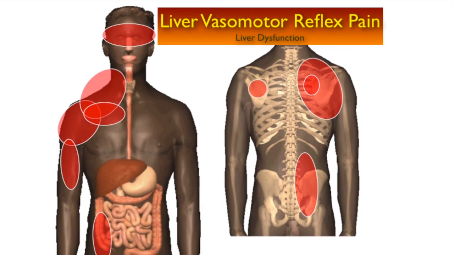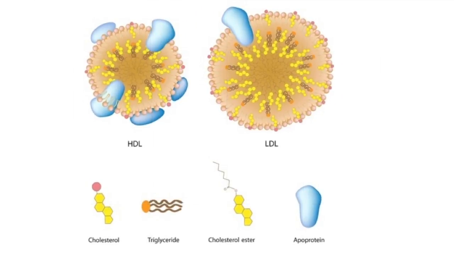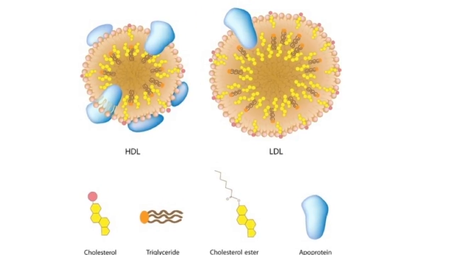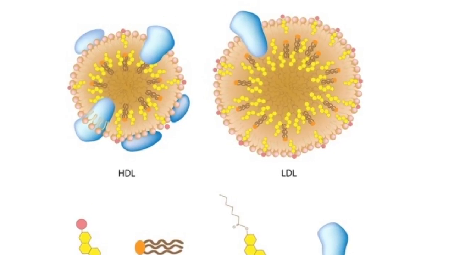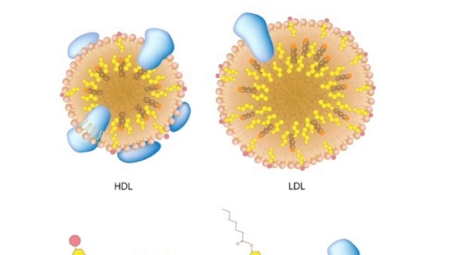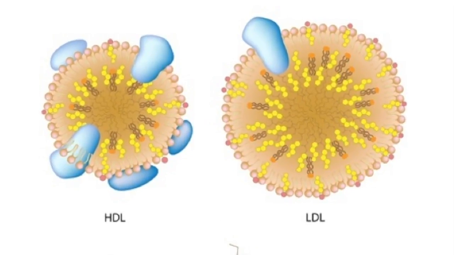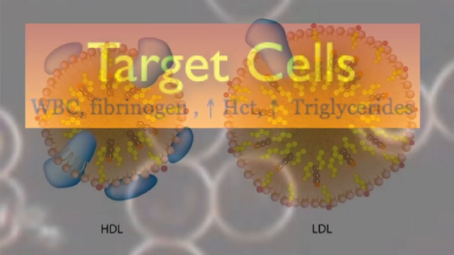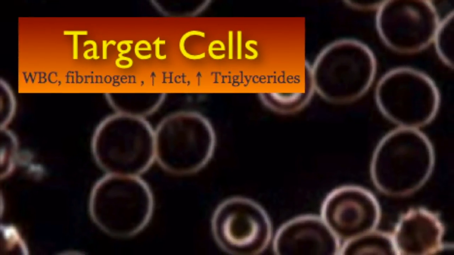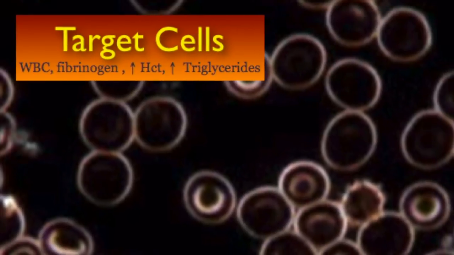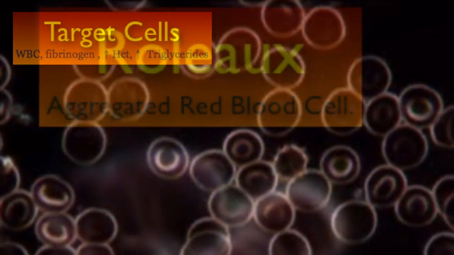Cholesterol esters appear to play an important packaging role in the passing of cholesterol between HDL and LDL lipoproteins. These two lipoprotein particles are responsible for shuttling cholesterol between the cells in the liver. Target cells are thought to have a normal lifespan, but acanthocytosis in liver disease is associated with marked hemolysis and predominant splenic destruction.